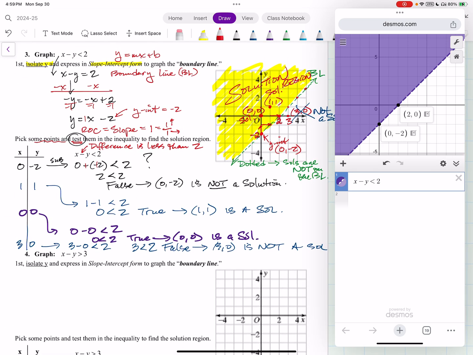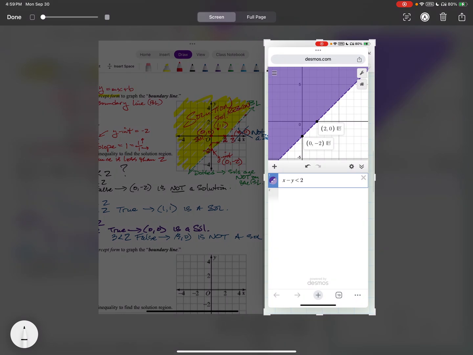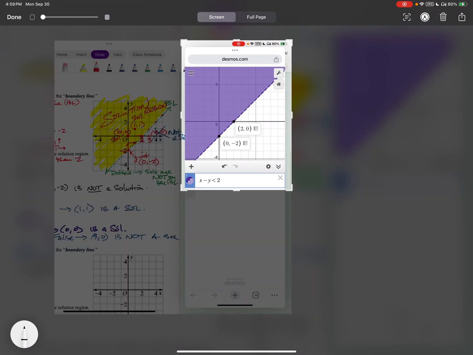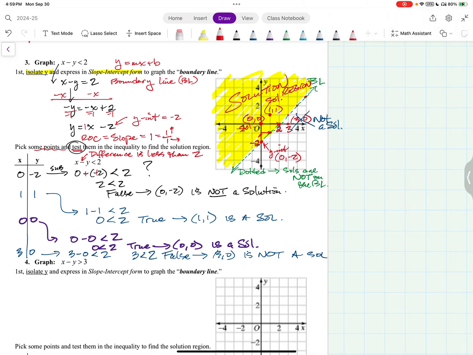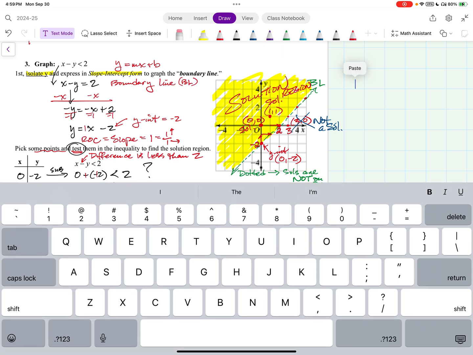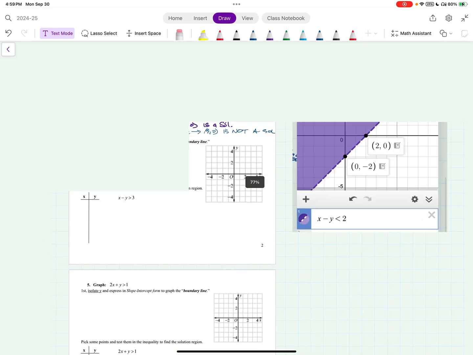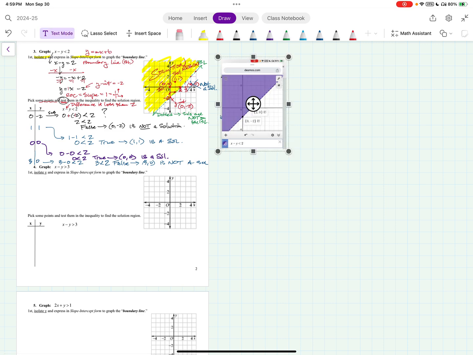So you have a way to check at home. I'm going to screenshot this and bring it into my lesson so you guys can just see this right here. I'm copying it, and now I click on text box, paste it in, and there you go. You can check your work as you go. Look at that. That's beautiful.